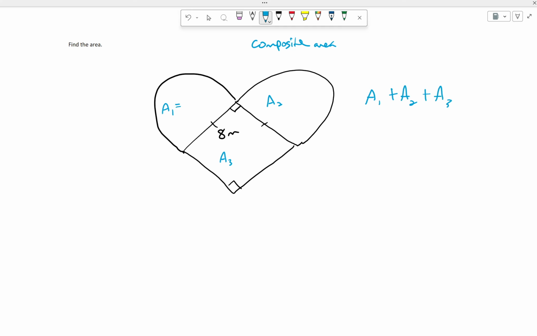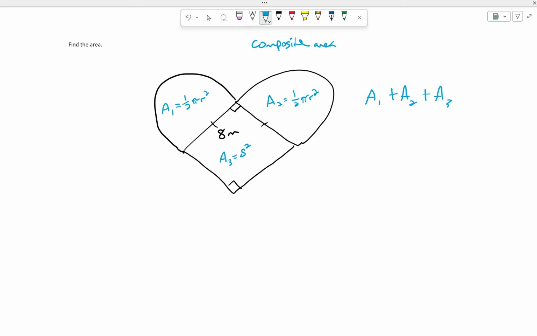Well, the area of this guy, it's a half circle, so it's 1/2 of pi times the radius squared, okay? Which this guy's also 1/2 pi times r squared. And then again, if this guy's a square, so this is just going to be s squared, okay?